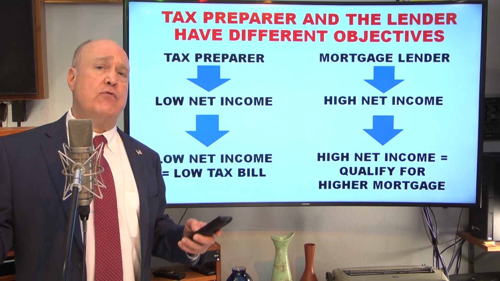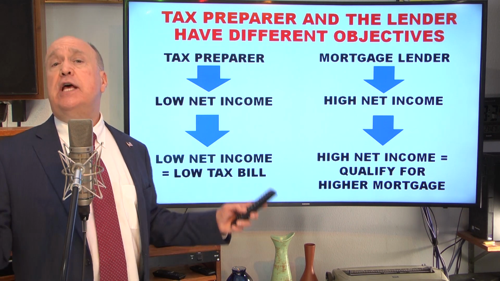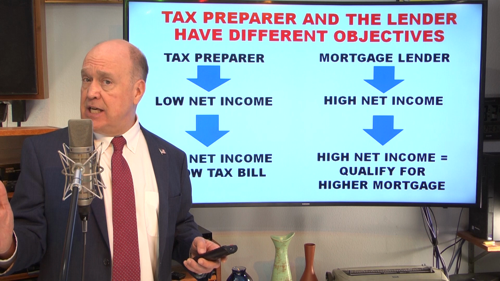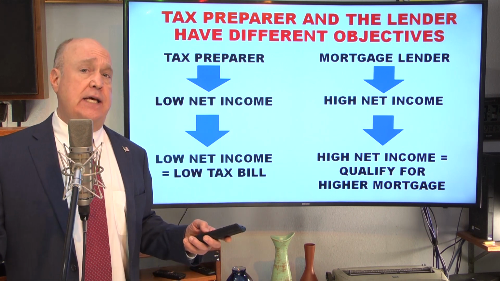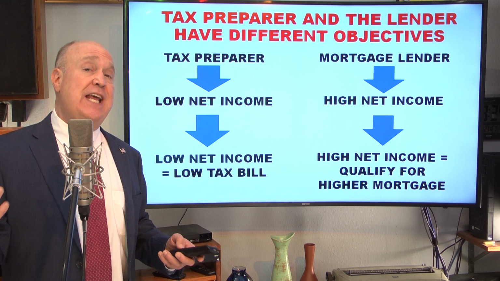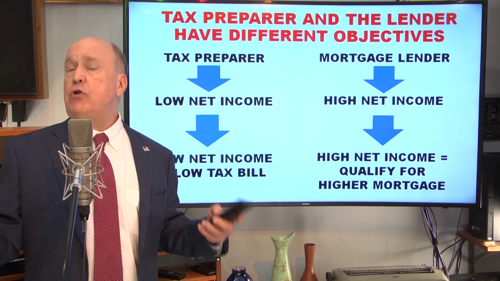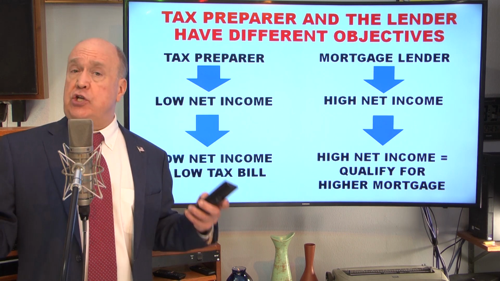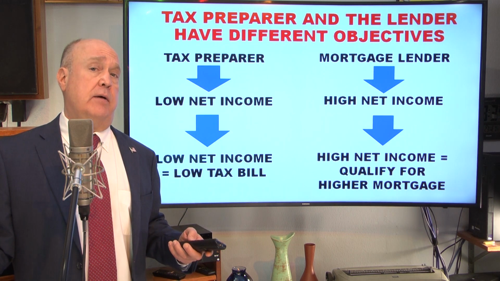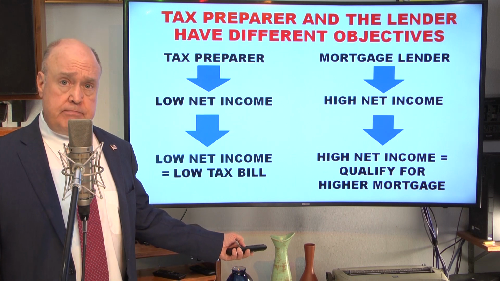So they'll take every possible deduction, because that way, if they can get that net income down, you don't pay much in income tax. However, the mortgage lender wants you to have high net income, or at least enough net income to qualify for the mortgage that you want. If you know you're going to be buying a house in the next couple of years and your tax returns don't show enough net income, then that's a conversation you need to have with your tax preparer.